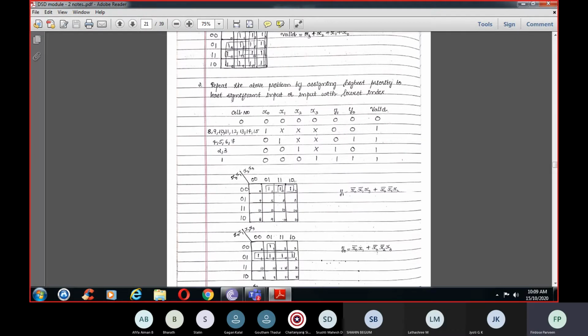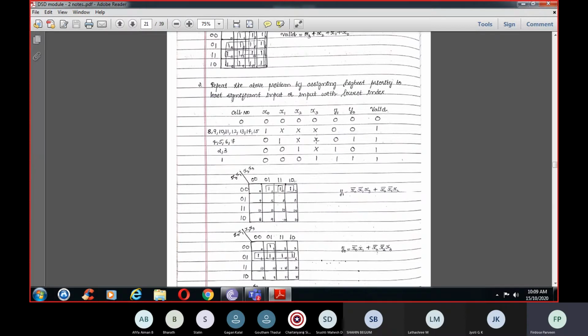In the previous class I discussed this, so cell numbers you will be assigning in that way. So 8, 9, 10, 11, 12, 13, 14, 15. Now here 0, 1, 0, 0 means it will be 4. 0, 1, 0, 1 means it will be 5. 0, 1, 1, 0 will be 6. 0, 1, 1, 1 will be 7.